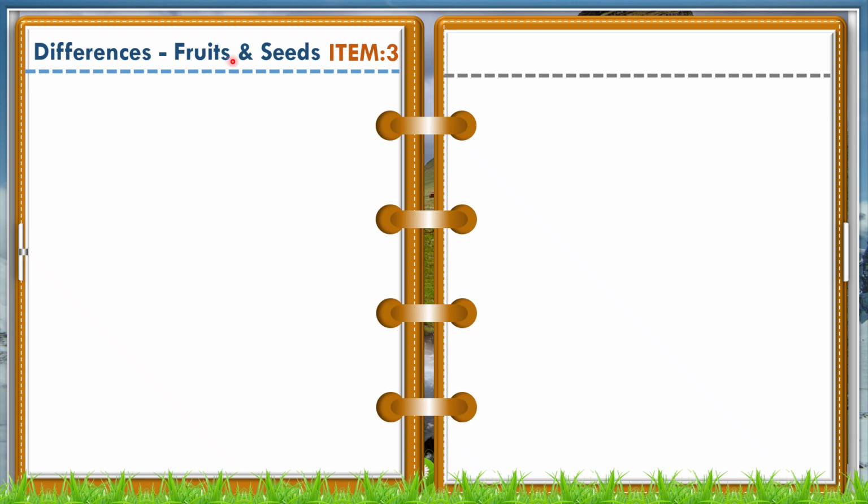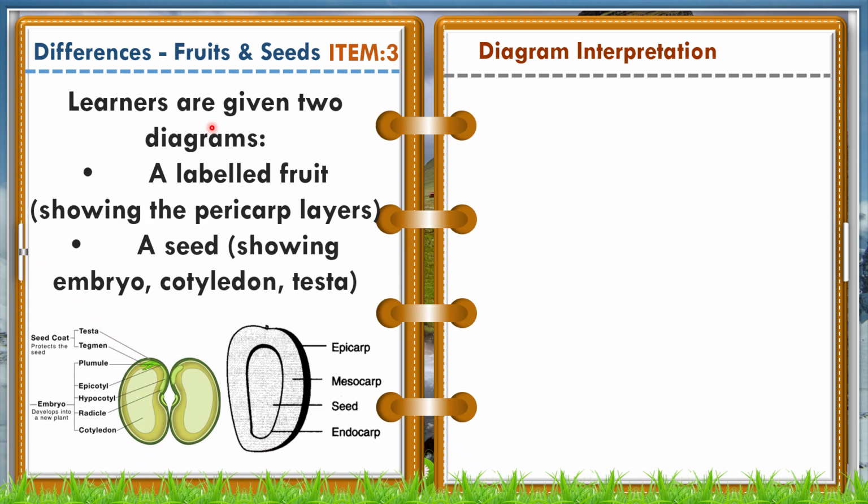Difference between fruits and seeds, item 3. Let's look at diagram interpretation. Learners are given two diagrams. A labeled fruit showing the pericarp layers. A seed showing the embryo, cotyledon, and testa. So we have the structures here.